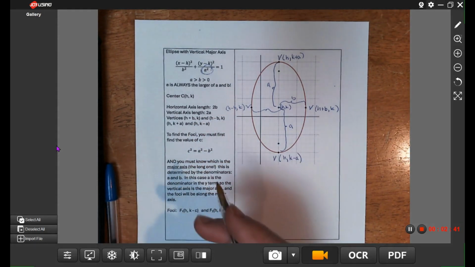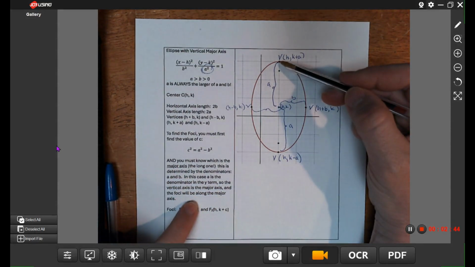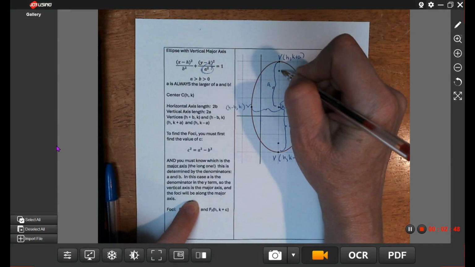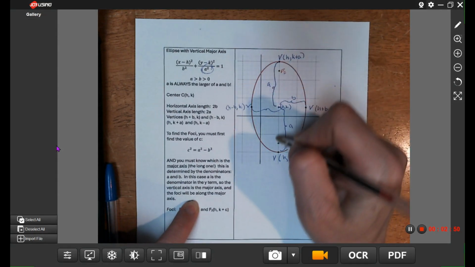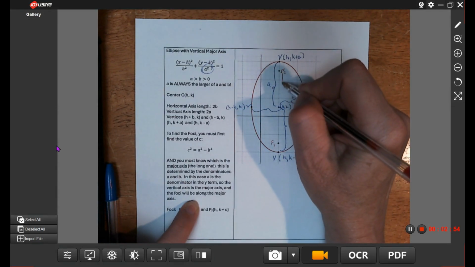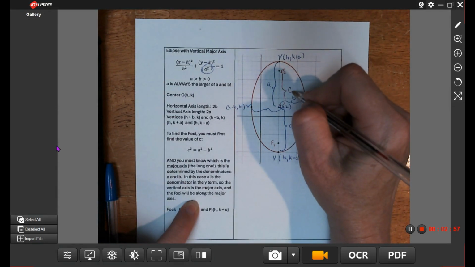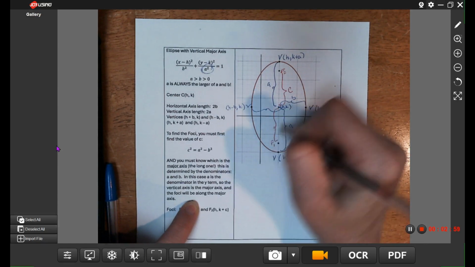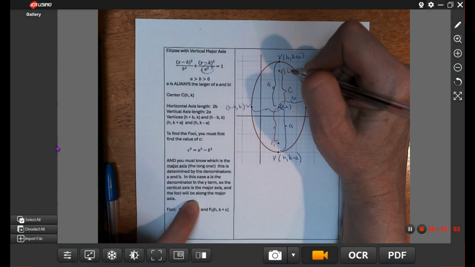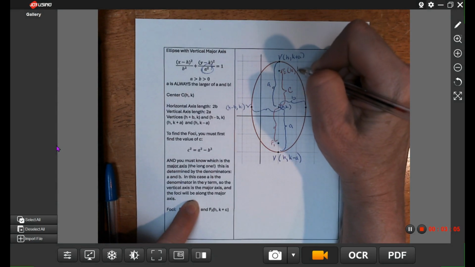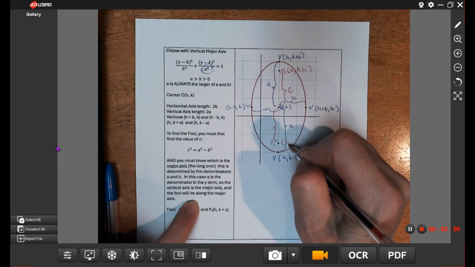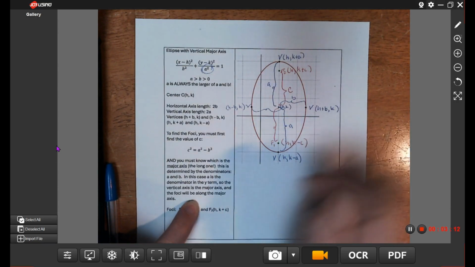Now let's talk about the foci. The foci are always along the major axis. I'll call this F2 to go from bottom to top, and this F1. The distance between the focus and the center is always c. So this is c. The x-coordinate stays the same, and the y-coordinate in this case moves up by c, and in this case moves down by c.